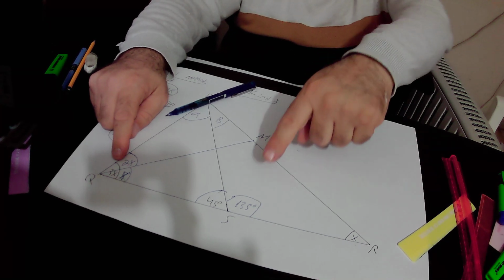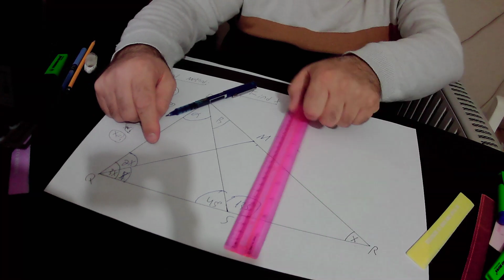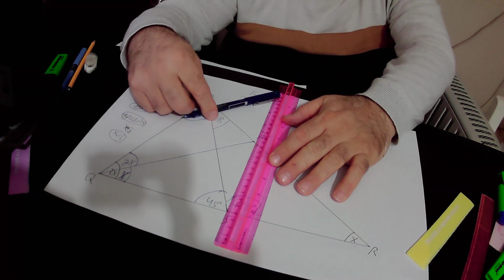We will join points M and S together by a straight line. What is MS?